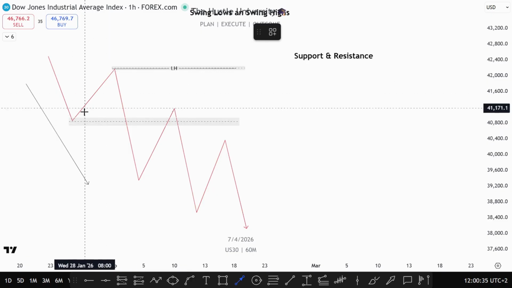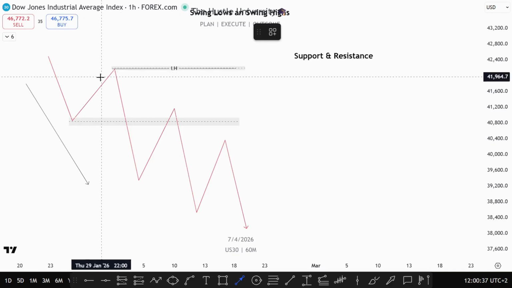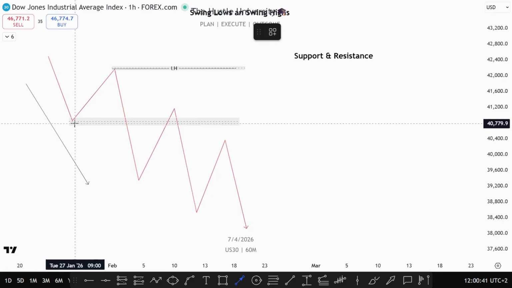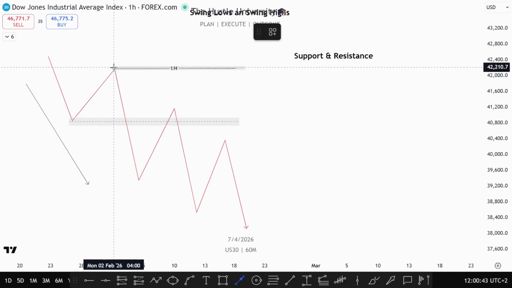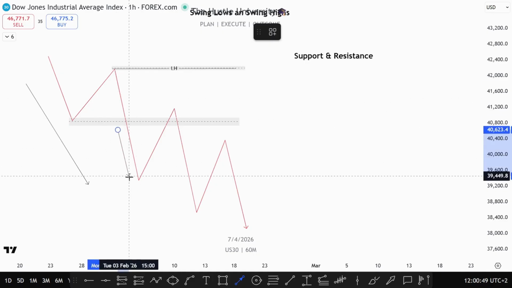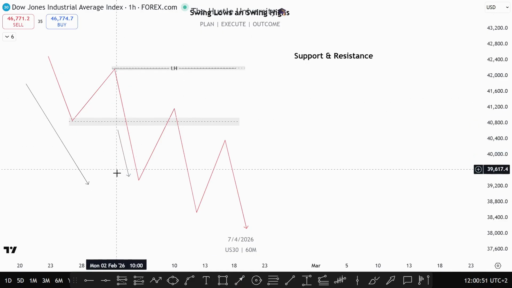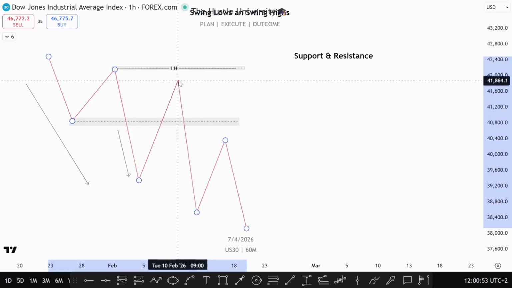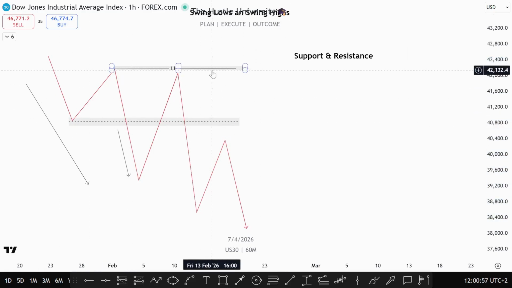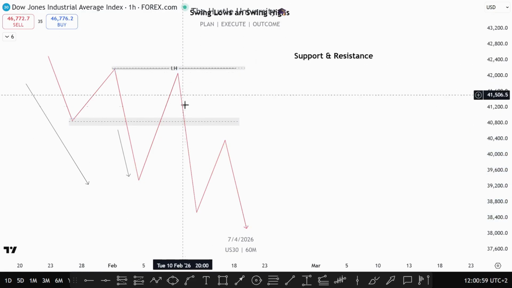For resistance, it's the highest point price went up to when going to the downside. That resistance point should be able to hold price and give you that indication to the downside, even if price corrects up until this area. You get what I'm saying? So this level should also be able to hold price to the downside.